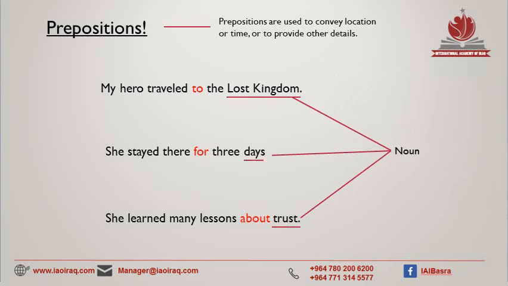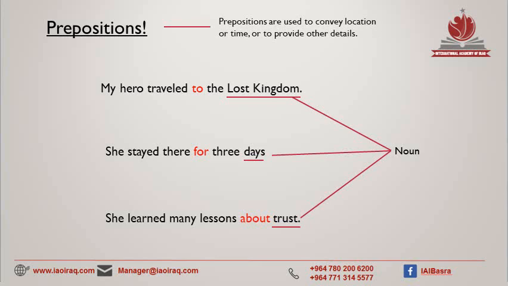Now guys, all those underlined words are nouns. So a prepositional phrase begins with a preposition and ends with a noun or pronoun. So you see the prepositional phrase in the first sentence starts with to the lost kingdom, for 3 days, about trust. So you combine all those and that is the prepositional phrase.